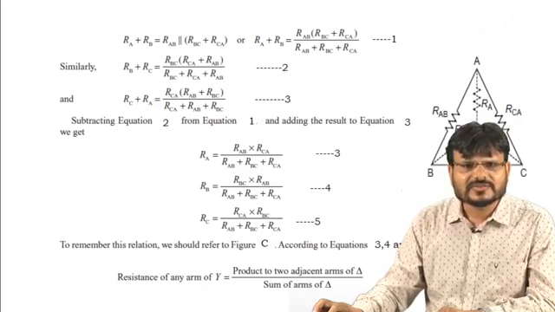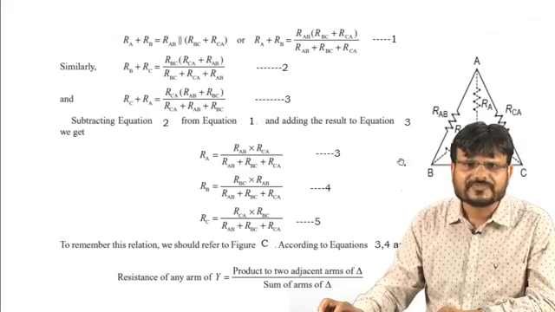So here you can note down the resistance of any arm of the star connection, this one RA. RA is equal to what? The product of the two adjacent resistances. Adjacent resistance means RA is equal to RAB multiplied by RCA, divided by the summation of all resistances, that is RAB plus RCA plus RBC.